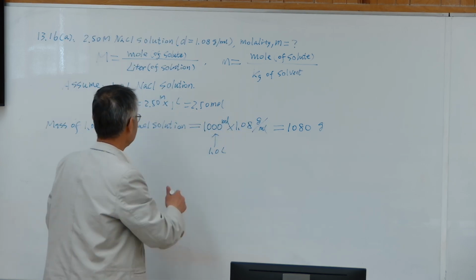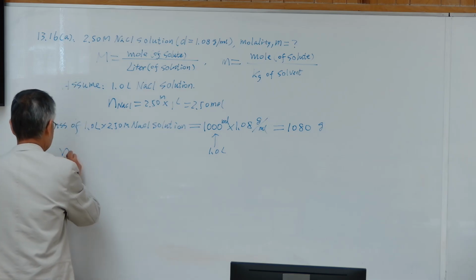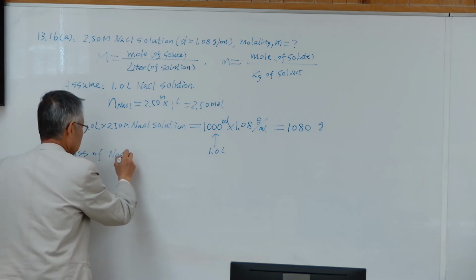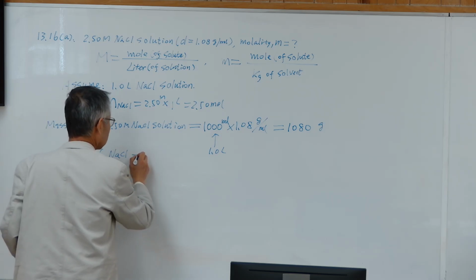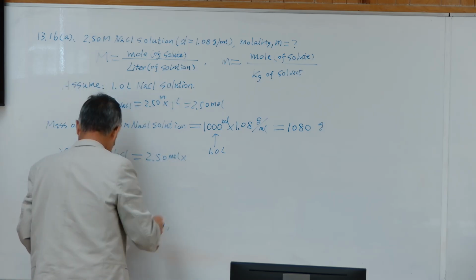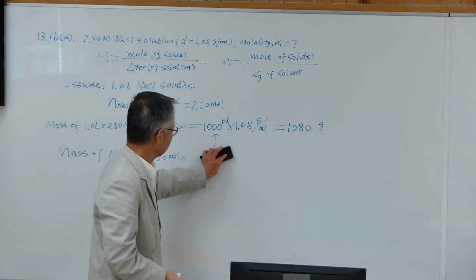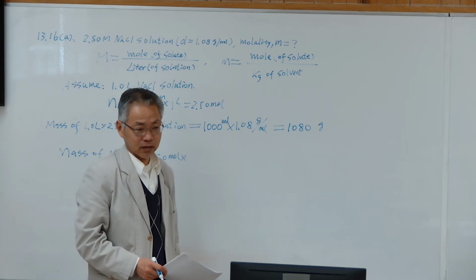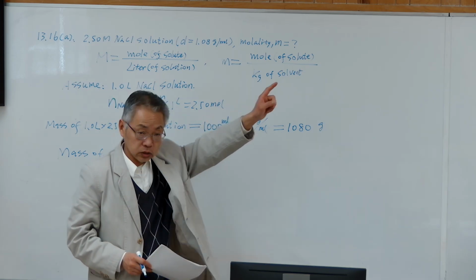Okay. So the mass of sodium chloride, which is solute, will be 2.5 moles multiplied by what? Moles multiplied by molar mass, right? You get a mass. What is the molar mass? You need to use the periodic table.